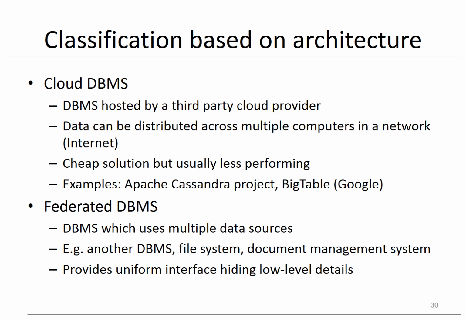Popular examples are the Apache Cassandra project and Google's BigTable. A federated DBMS is a DBMS which provides a uniform interface to multiple underlying data sources, such as other DBMSs, file systems, document management systems, etc. By doing so, it aims at hiding the underlying storage details to facilitate data access.